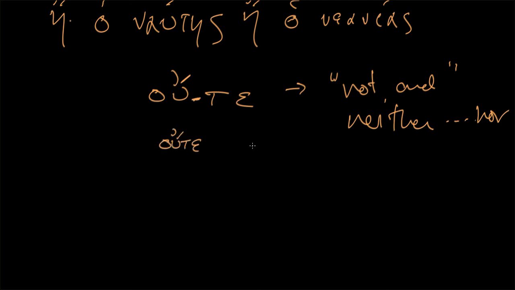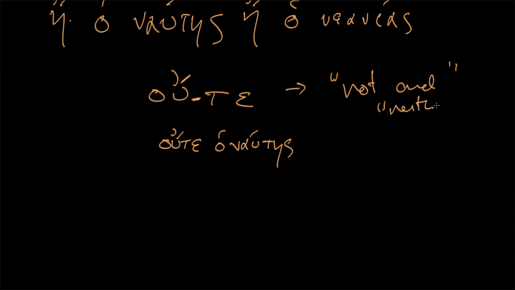Ute. So ute ha nautes, to pick up our example, let me write it in one line to keep it clear. So not and, or again, this is meaning neither nor. So neither the sailor nor ute again, the young man, neanias.